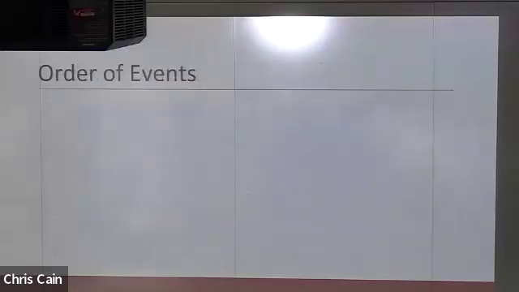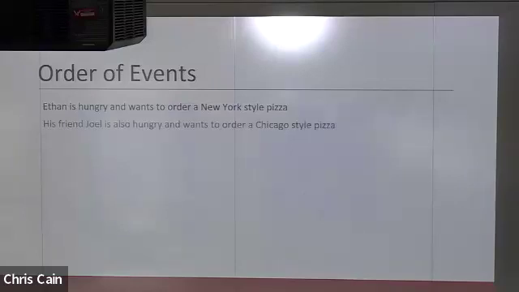All right, so what happens? From the user's perspective, we're going to abstract now out of the code itself, and we are going to walk into this code and order a pizza. In fact, we're going to call ourselves Ethan. We are hungry, and we want to order a New York style pizza. We have a friend named Joel, also hungry, wants to order a Chicago style pizza.